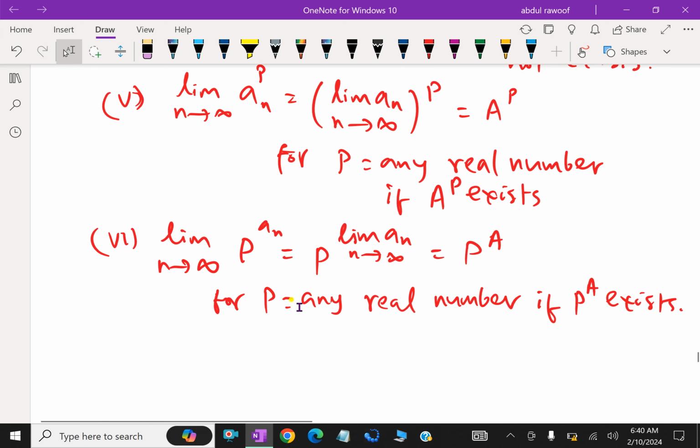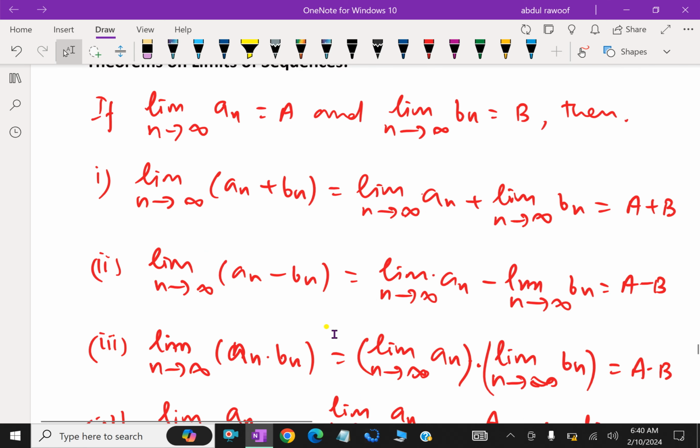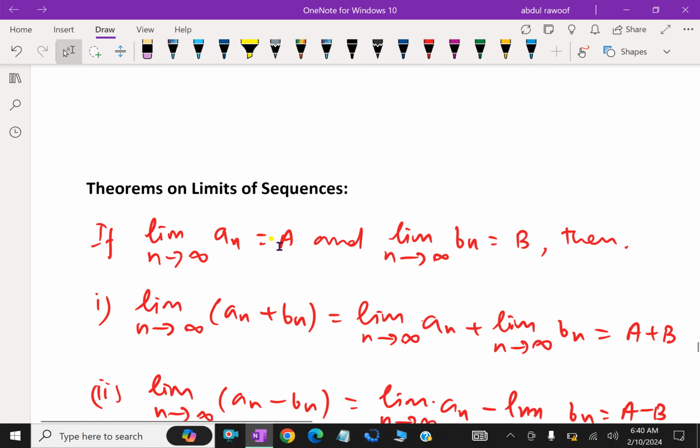Next, the limit of p to the power an, that is any number p to the power of the sequence, is equal to p to the power of the limit of an, which is equal to p to the power a for p any real number, if p to the power a exists. These are the rules of limits, that is theorems on limit of a sequence.